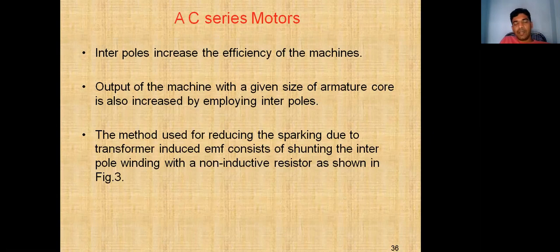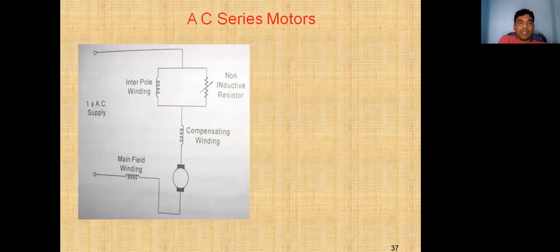The method used for reducing the sparking due to transformer-induced EMF consists of shunting the interpole winding with a non-inductive resistor, as shown in the figure. Interpole winding, non-inductive resistor, compensating winding, main field winding.